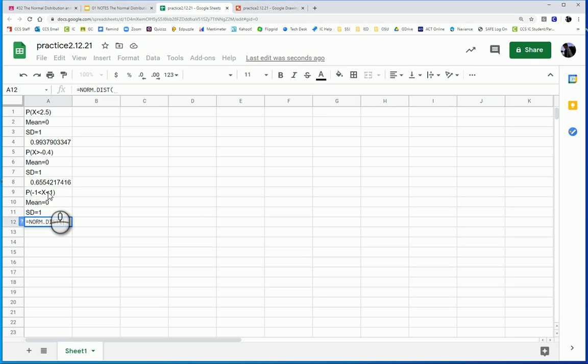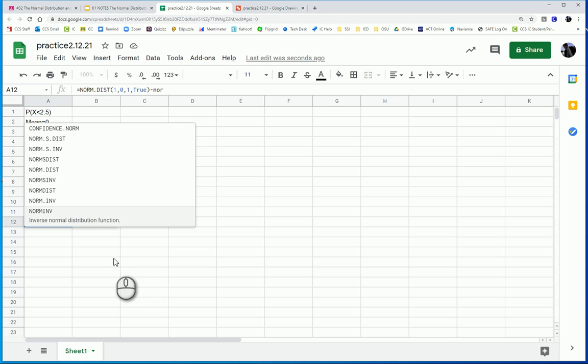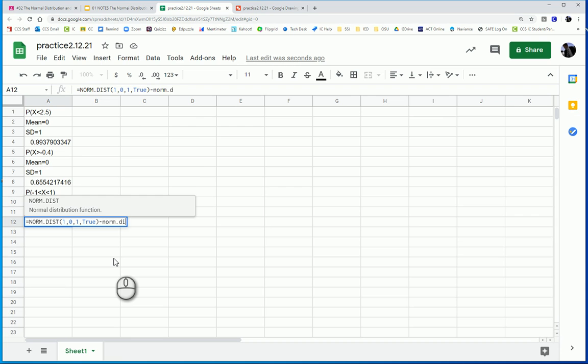So we want 1, comma, 0, comma, 1, comma, true. Okay, that gives us the right bound right here with 1 minus NORM.DIST of the left bound, which is -1, comma, 0, comma, 1, comma, true. Okay, there it is. Just like the empirical rule, a little bit more than 68%, but good enough.